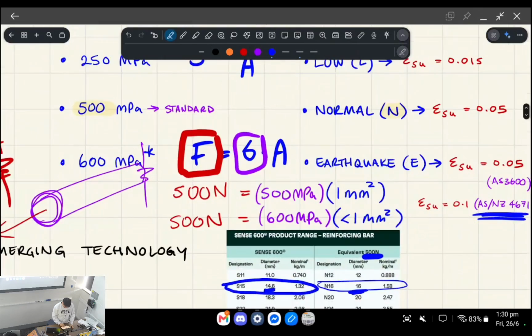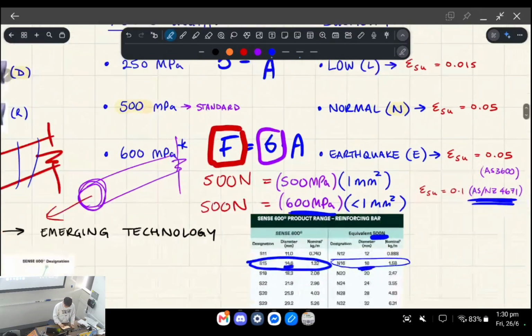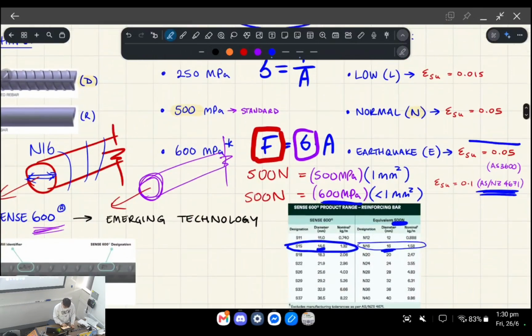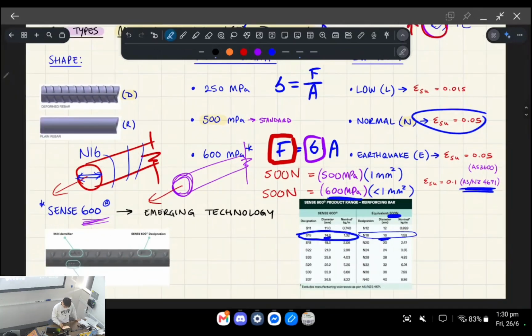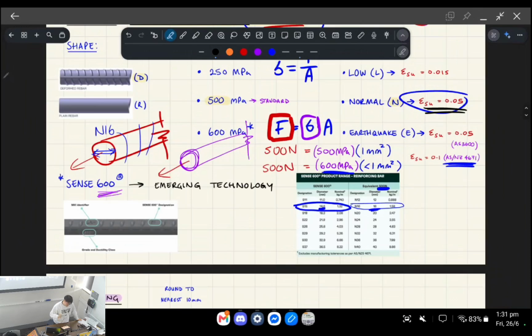And then you can see that they basically tweak the ratios in order to get the highest strength output. And the idea is that they also have normal ductility, so they didn't want to trade off how ductile it is. They figured out some kind of chemical formula which keeps it at the same ductility but increases the strength. This is like their brand secret. I don't know exactly what it is. I just test the bars.